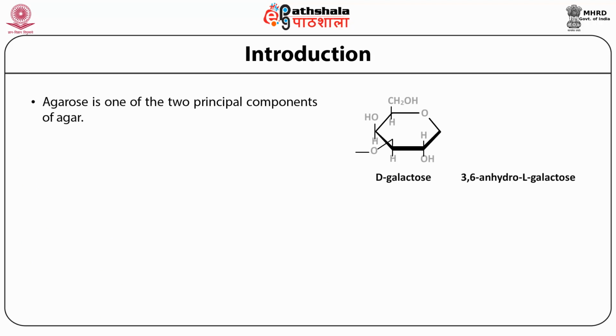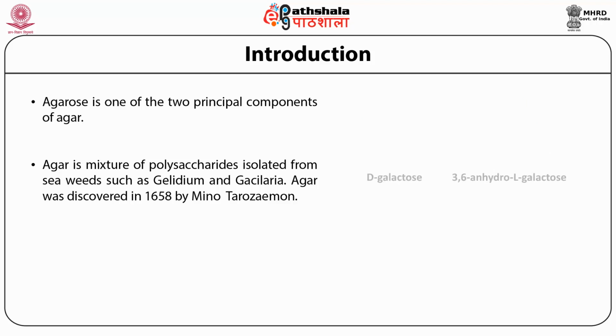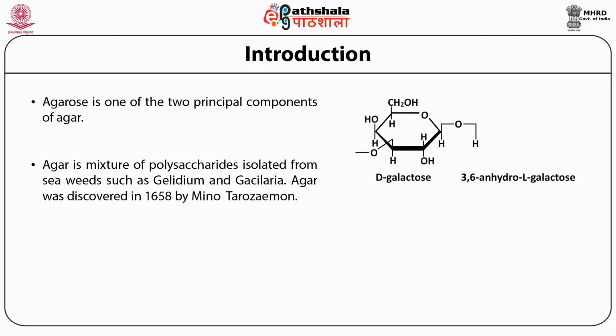Agarose is one of the two principal components of agar, which was discovered in 1658 by Minoya Tarozaemon from Japan. Agar is a mixture of polysaccharides isolated from seaweeds such as Gelidium and Gracilaria.